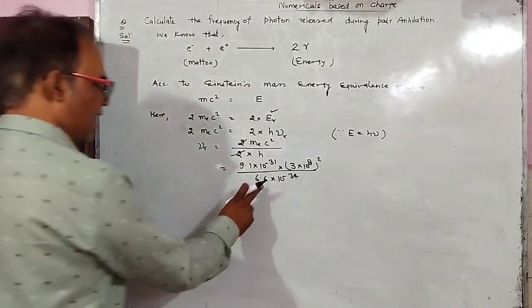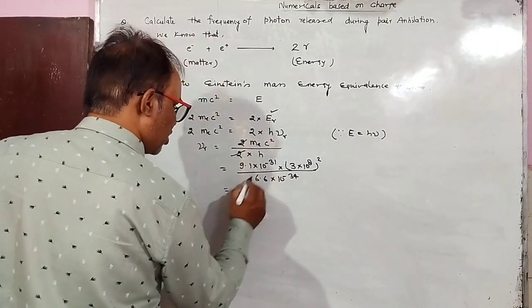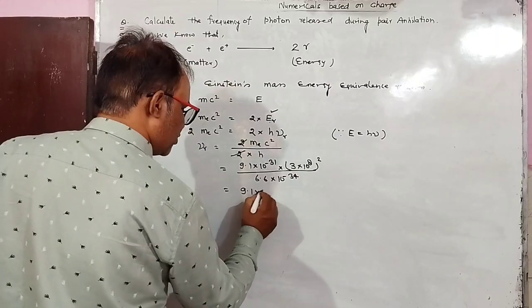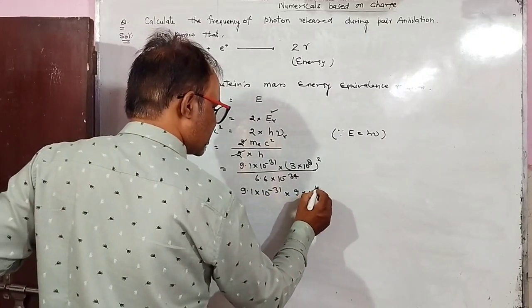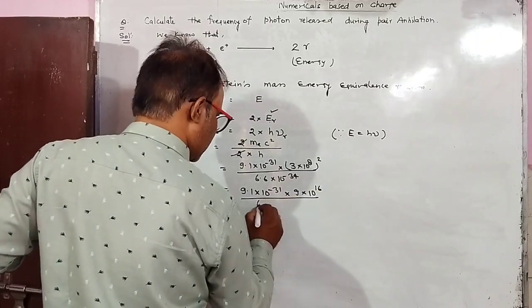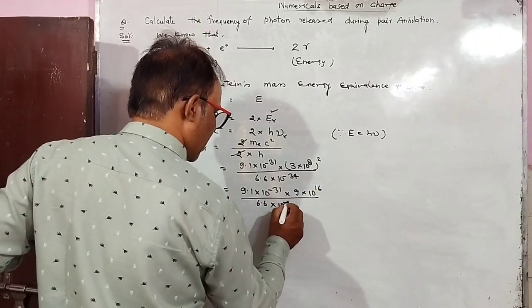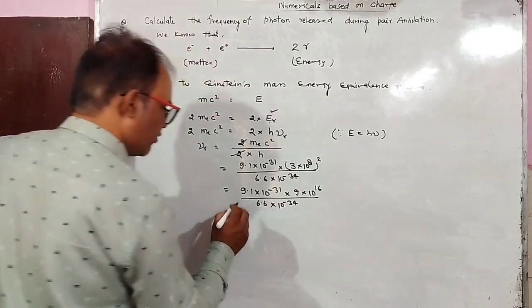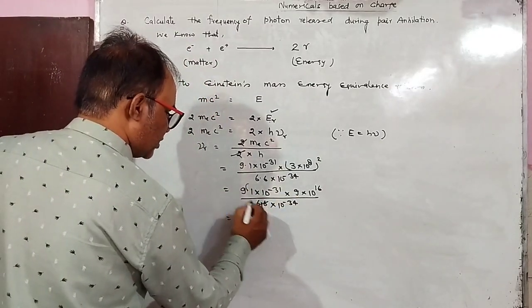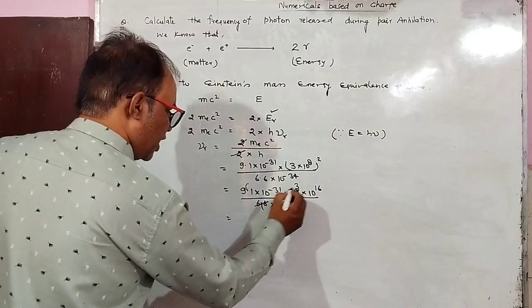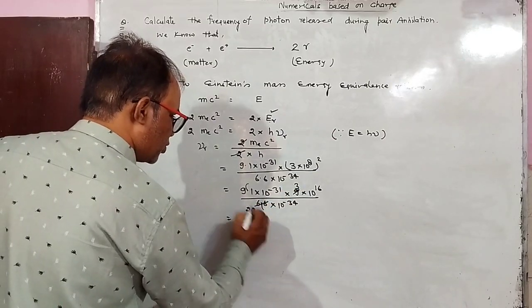This is Planck's constant and you can just solve it as 9.1 into 10 to the power minus 31 into 9 into 10 to the power 16 divided by 6.6 into 10 to the power minus 34. Solving, we can get this, one decimal removed, 3, and this will be 22.